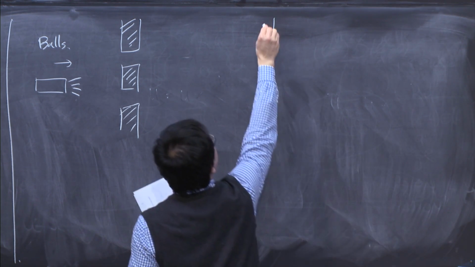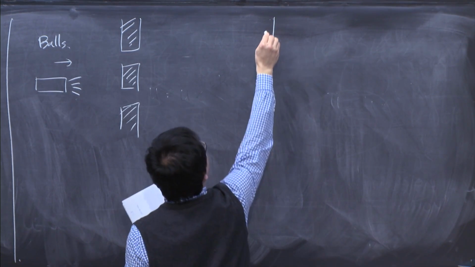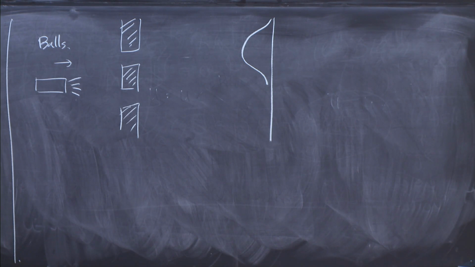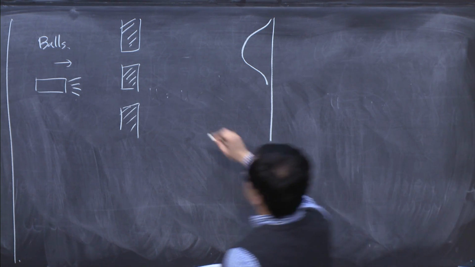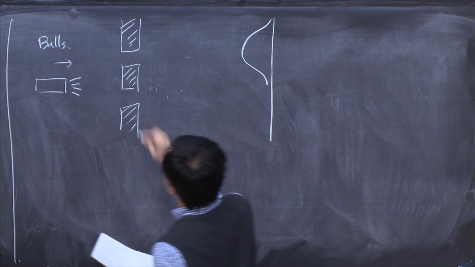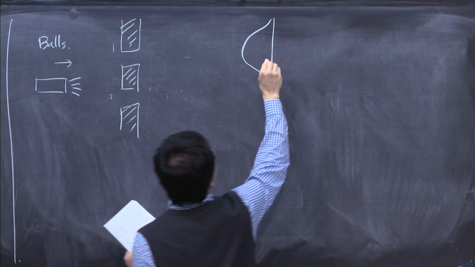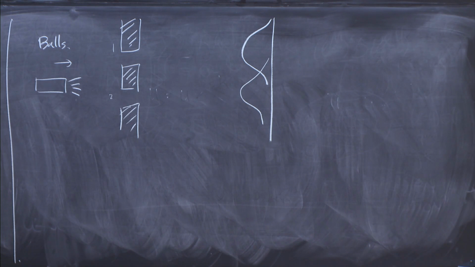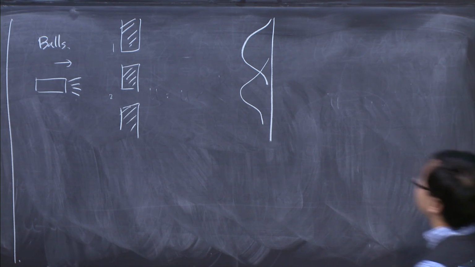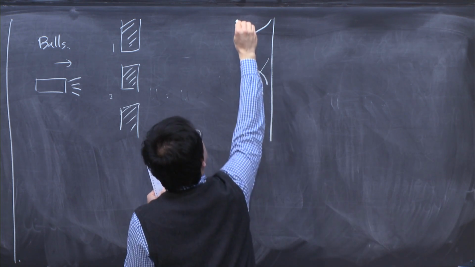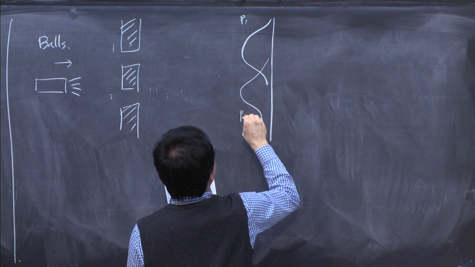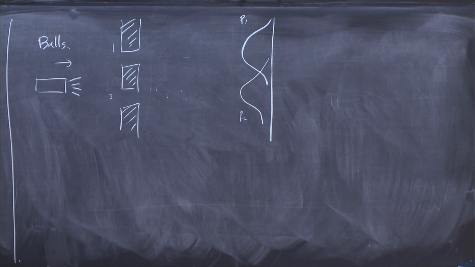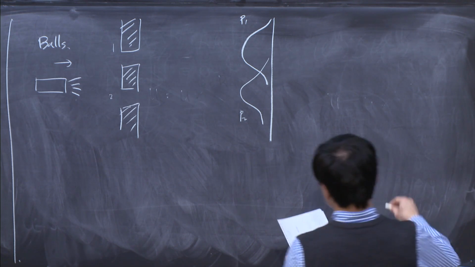Then basically what we see is the following. We have a distribution of the balls coming from slit number 1, and we have another distribution of balls coming from slit number 2. I can call them P1 and P2, which are the probability density distributions of the experimental result.